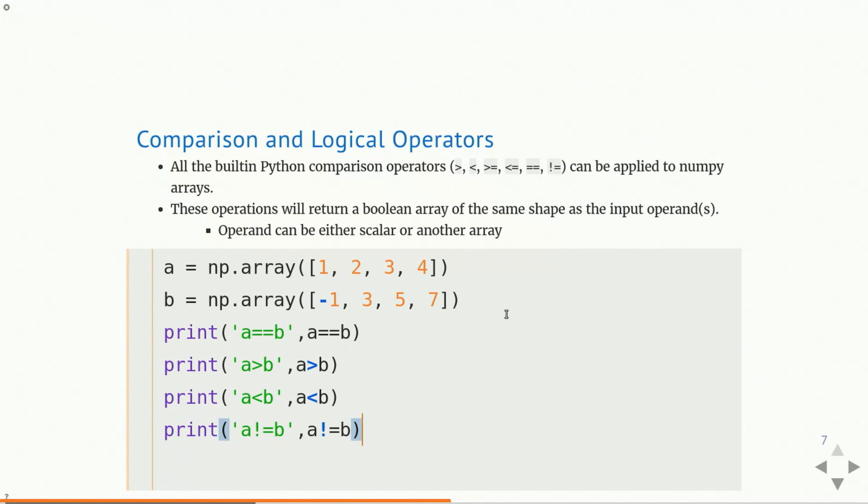And finally, I am going to compare a with a single scalar value. This will result in comparing each element of array a with the scalar value. So let's do that as well. Print, let's compare a with the value of 5: a not equal to 5.